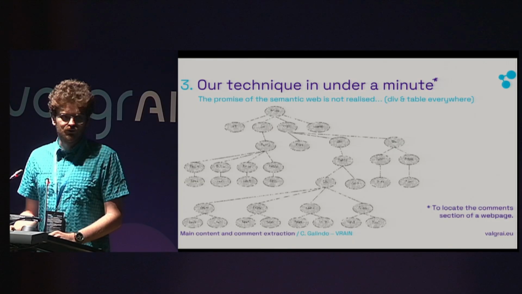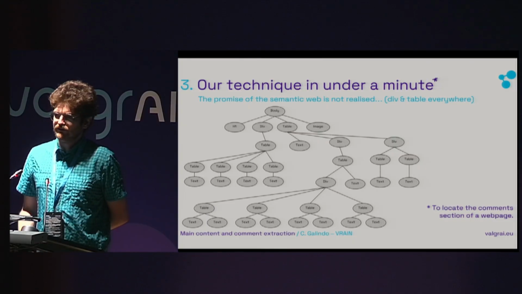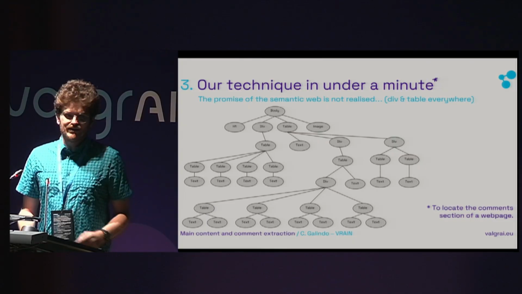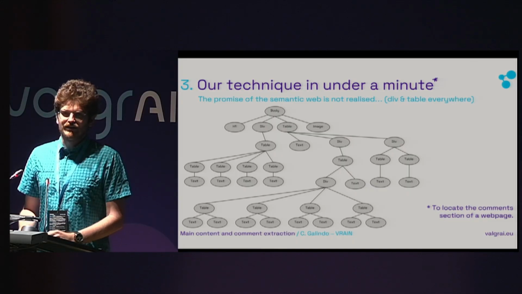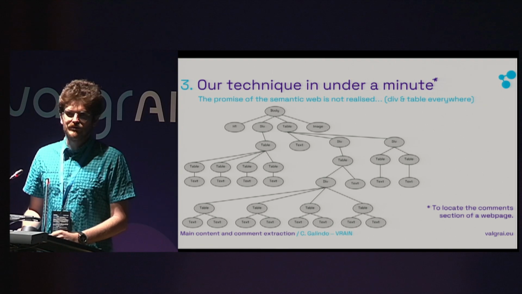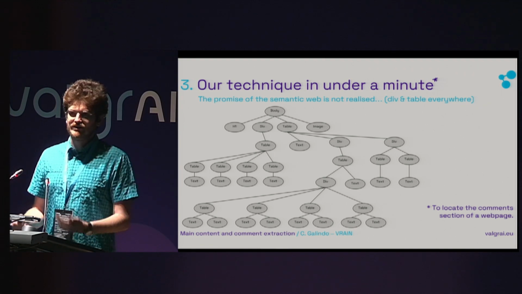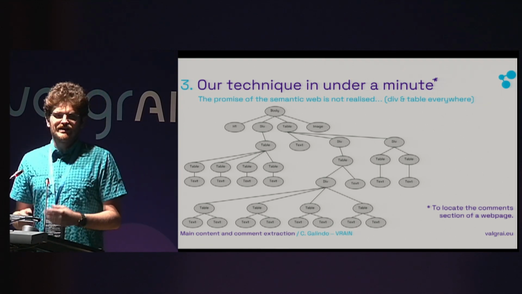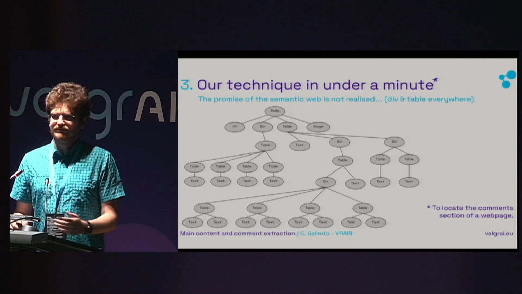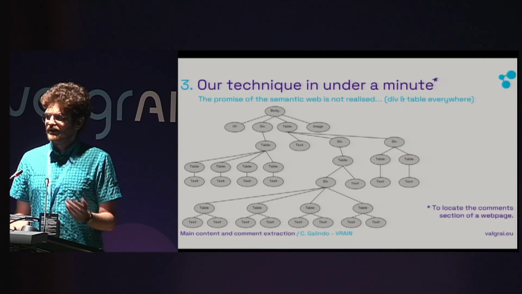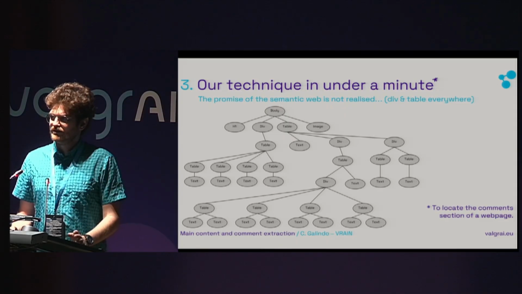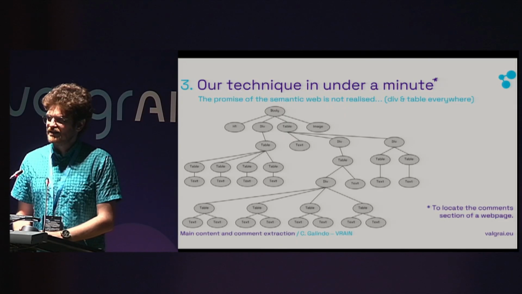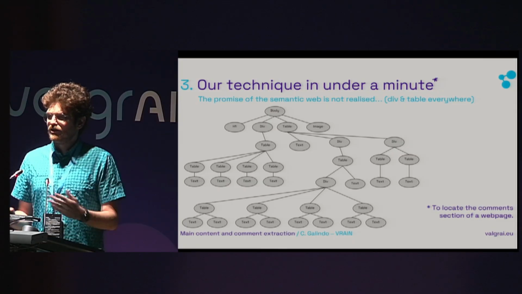But both are interesting, and I'll show you links to both papers at the end if you're interested in the other one. So we start with a DOM tree from our website, and you can see that in the beginning we could say, oh, we should use a specific tag for every structure, the footer tag and the article tag, and specific semantic tags to show meaning. But that's not the case, right? Nowadays every website is coded with divs, tables, and span elements, with randomly generated class names and, if you're lucky, some IDs.